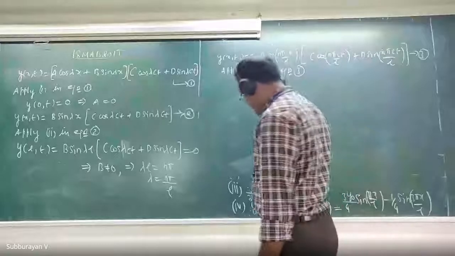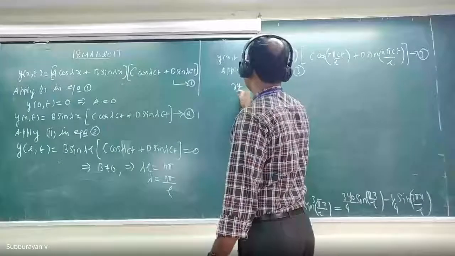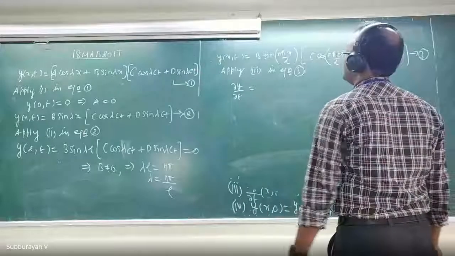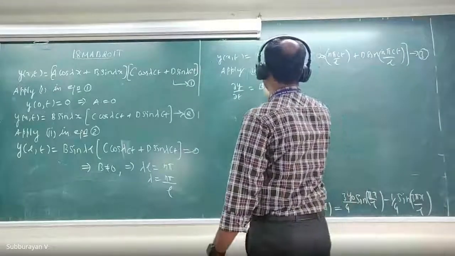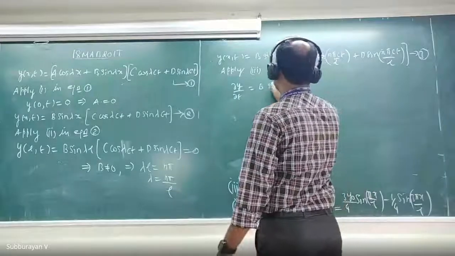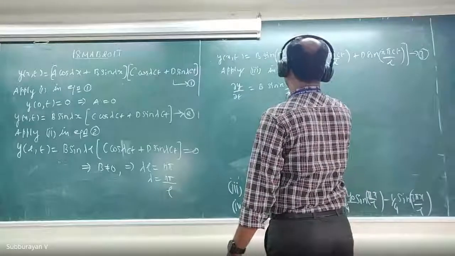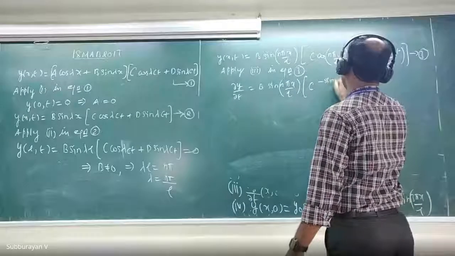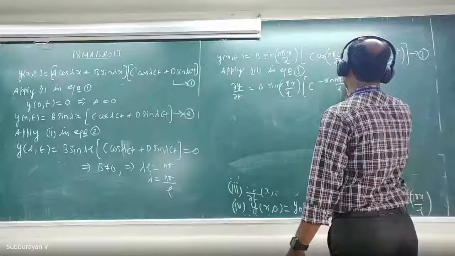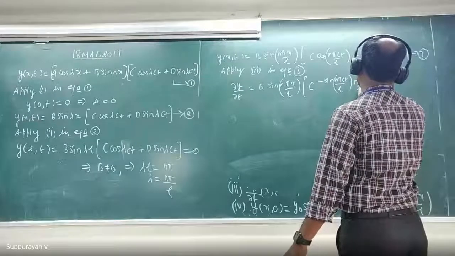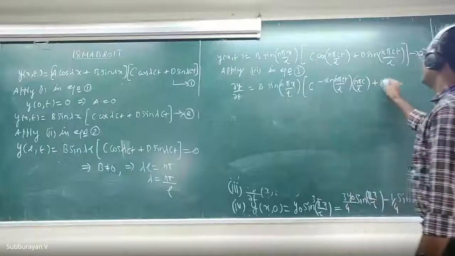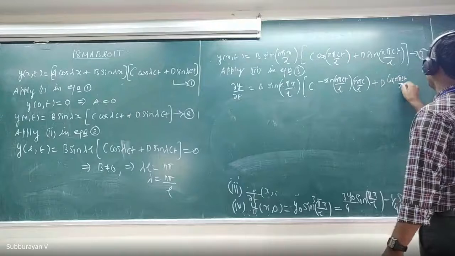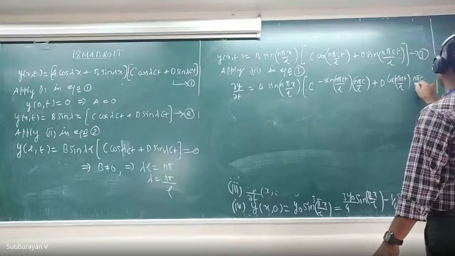For this we need the derivative, that is dou y by dou t, which is equal to b sin n pi x by L into c into minus sin n pi ct divided by L into n pi c divided by L, plus d into cos n pi ct divided by L into n pi c divided by L.